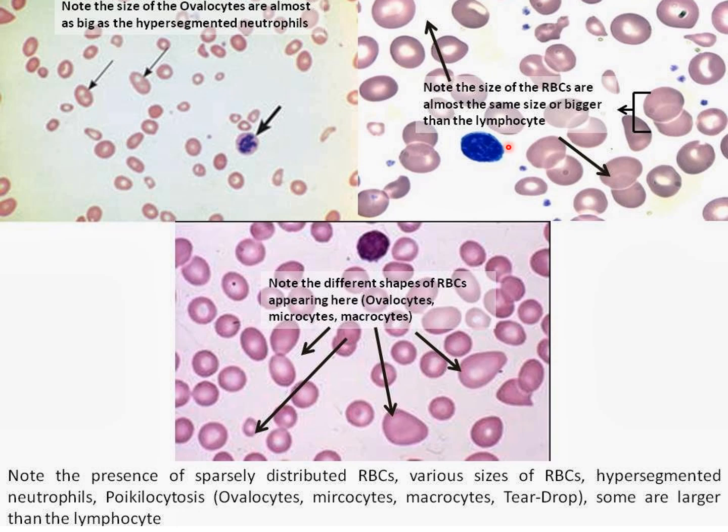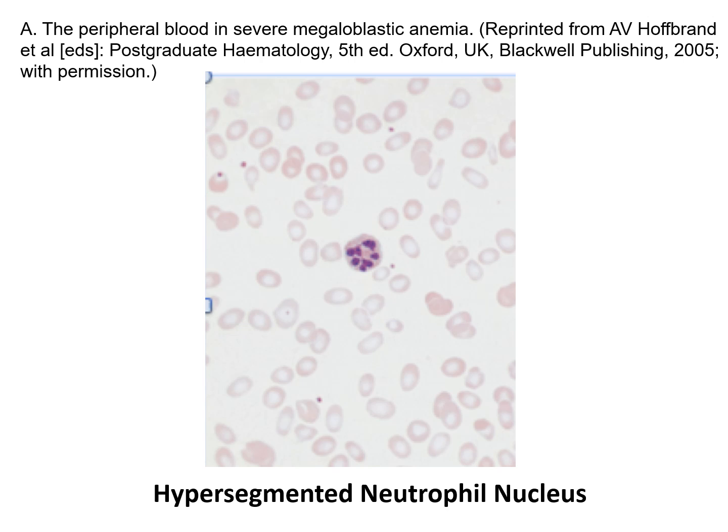You can see it also on the right panel: this is a lymphocyte, and the RBCs are much larger. And again, here below, this is a macrocyte. But you might also see different sizes, anisocytosis, small, large, even abnormally shaped cells like these teardrop shapes, this one and this one. This is what you see in a state of megaloblastosis. And this is a typical hypersegmented neutrophil that is associated with megaloblastic anemia.